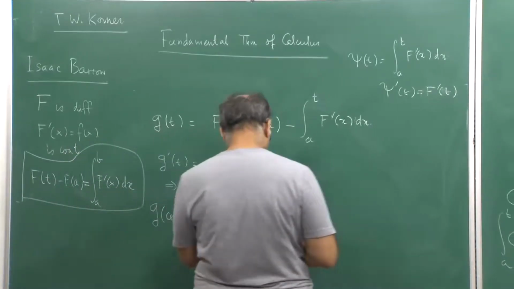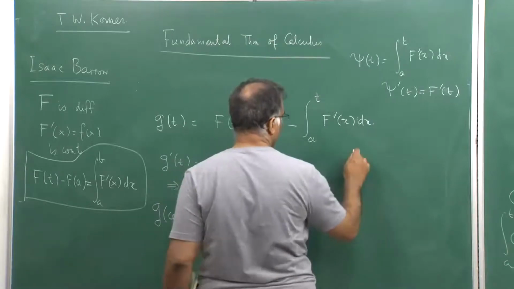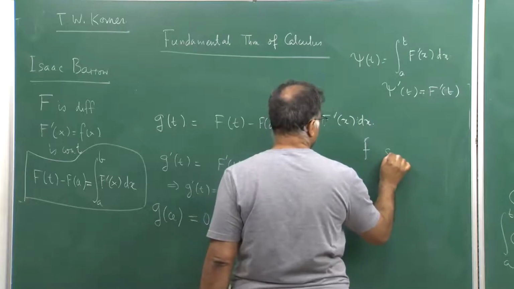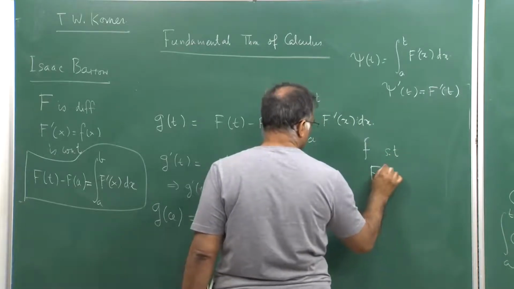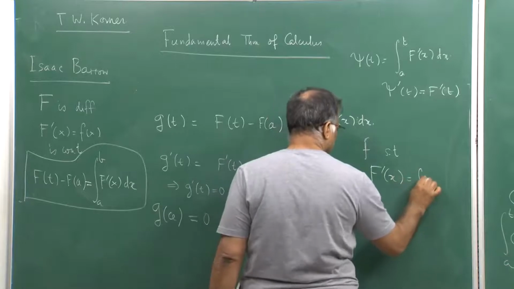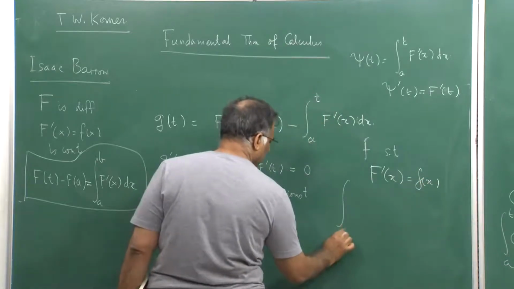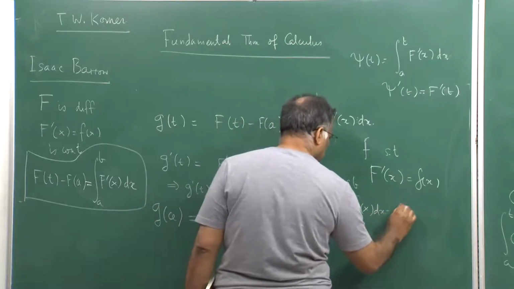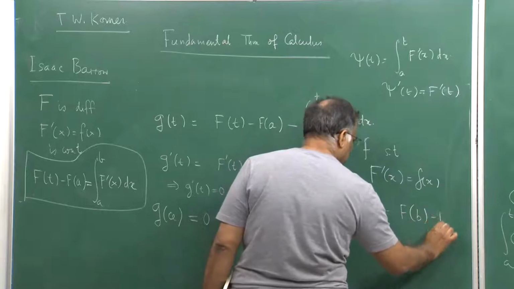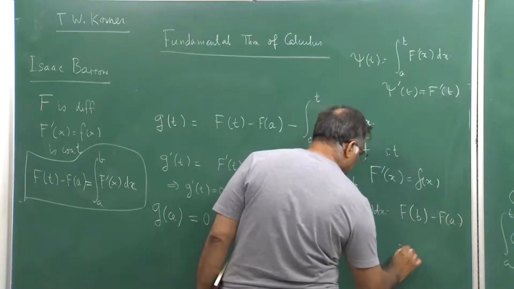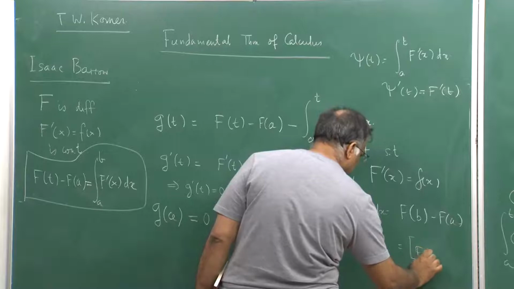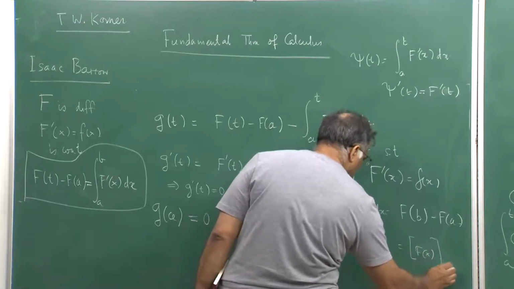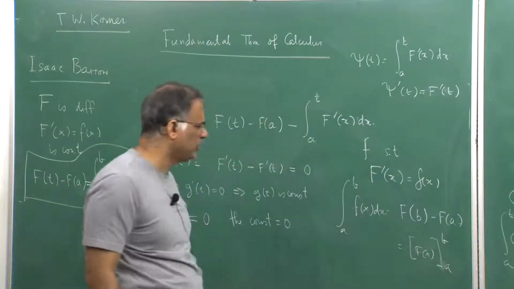So what is happening if you have a function F such that F dash of x is equal to f of x, then what you write? Then integral a to b f of x dx is equal to F of b minus F of a. So this is sometimes also written as F of x from a to b in short.